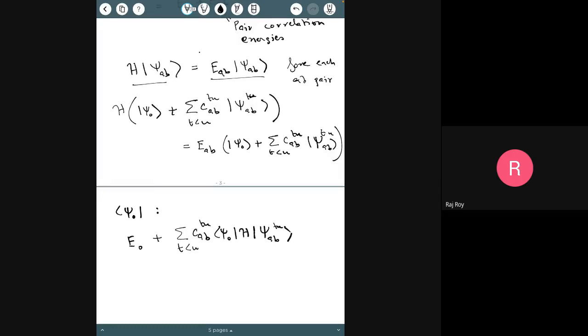And on the right, I don't have a Hamiltonian, so my intermediate normalization will come into play. So I have EAB, psi 0 is 1, and psi 0 psi AB to TU.